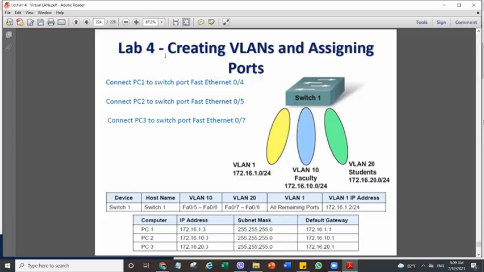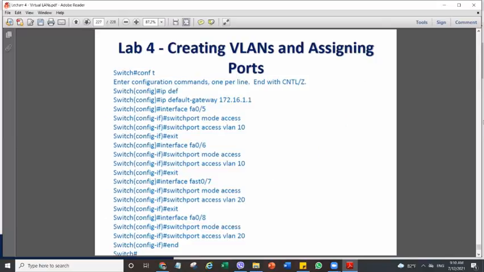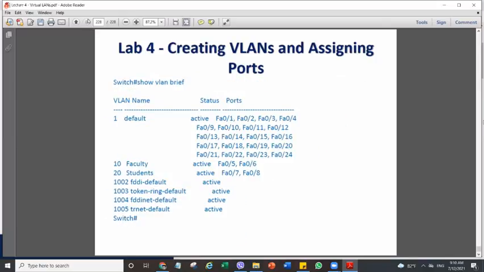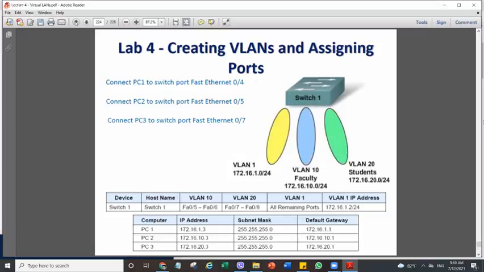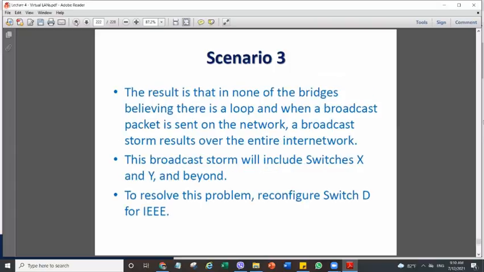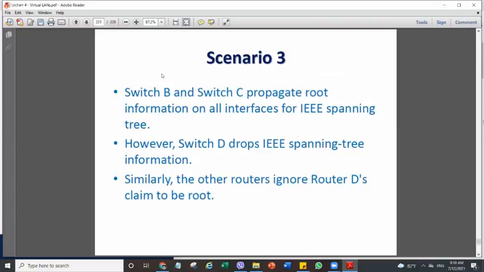So, I think creating VLANs and assigning ports, you are already familiar with this. With that one, actually, we can finish. Today, we just extended what we discussed, like troubleshooting and things like that.